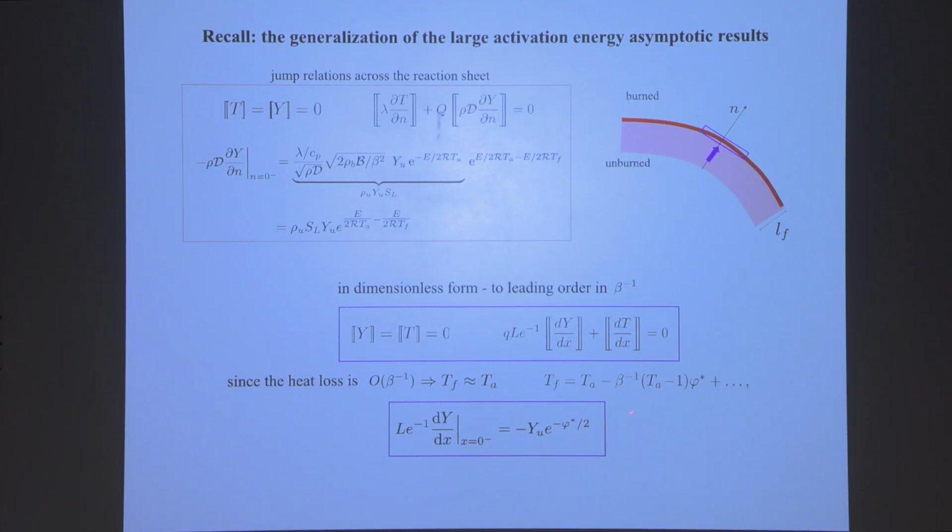Again, the T_A minus 1 is only for convenience. The small change is phi star, the unknown. When you plug it in here, the exponential becomes e to the minus phi star over 2. When I say for convenience, it is so that in the exponent I don't have that additional factor, that's all. So I renamed phi star to be what it is.